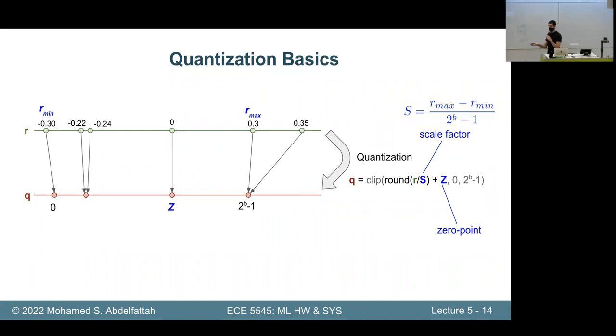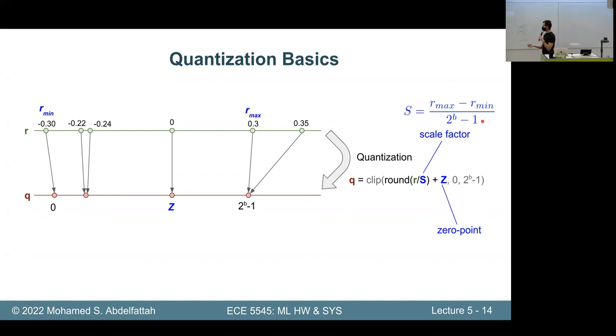But basically now I've decided this is the largest number that I want to represent, and this is the smallest number I want to represent. So to answer Rashmi's question, what I'm going to clip is any number greater than Rmax. It's going to map onto the same value as my largest number. So that's the clipping function. And then my scale factor is simply Rmax minus Rmin divided by the number of bits.